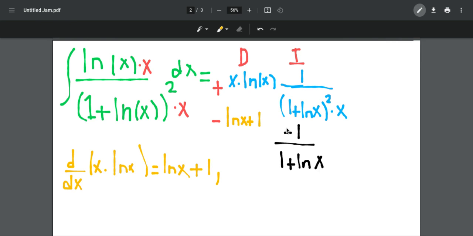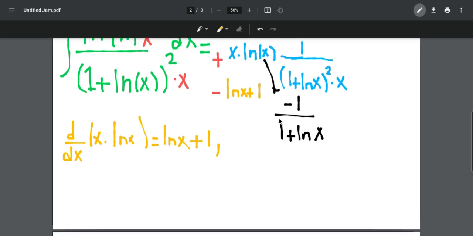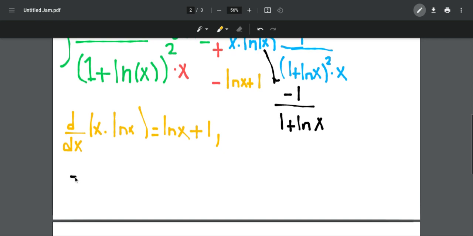Now we're just done. We should just match the parts. The first part of the answer is the product of these two cross terms. So for our answer, we get negative x ln x, all over 1 plus ln x.